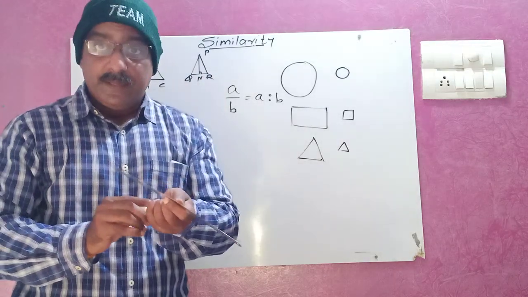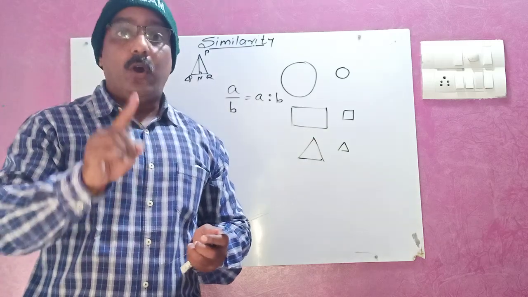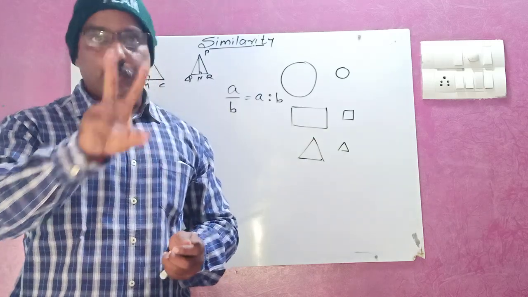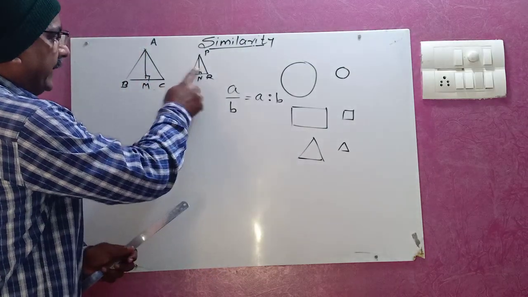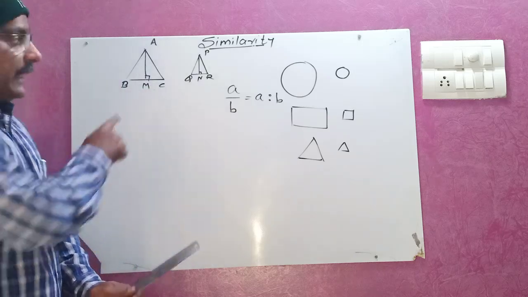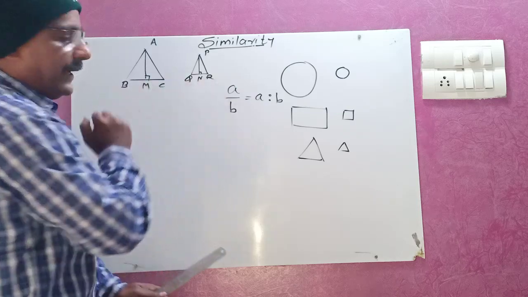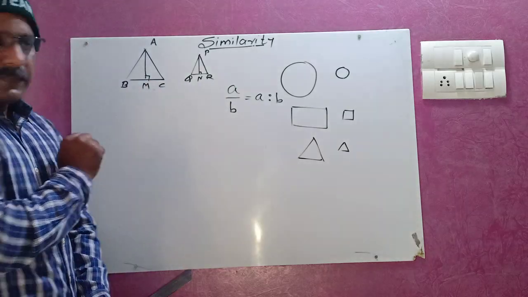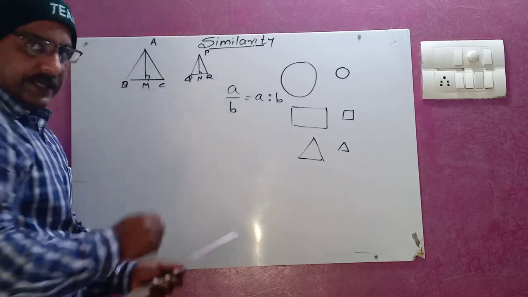As I said, I will find out the ratio of areas of two similar triangles. BC is the base of triangle ABC and QR is the base of triangle PQR. Similarly, AM is the height and PN is the height.